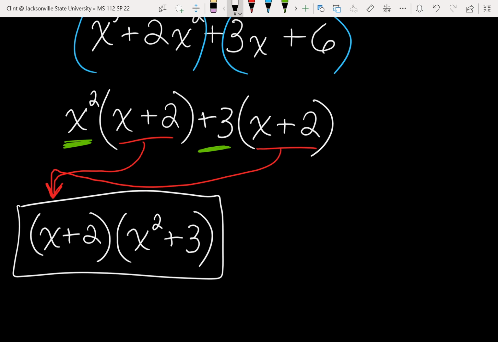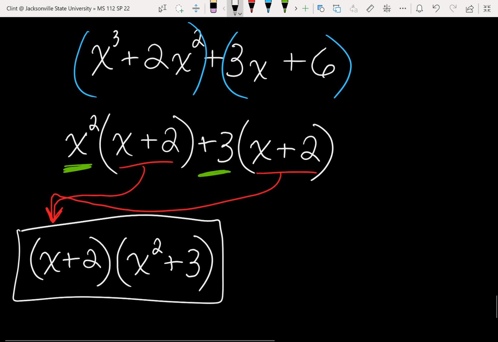So a big hint that we might want to try factoring by grouping. Maybe we've got a problem and it doesn't tell us to use grouping, it just says factor. A big hint is that we started off with 4 terms here.